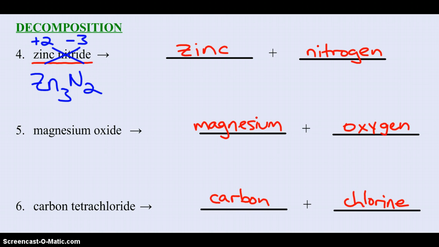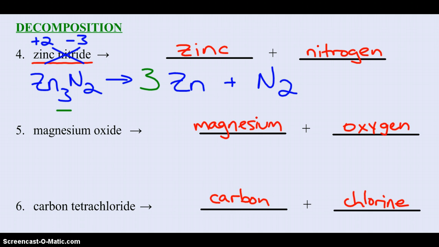That's going to break down into zinc, which is Zn, and nitrogen, which is N2, Hofbrinkel. To balance this, nitrogens look good. 3 zincs are going in, so I have to put 3 zincs coming out.